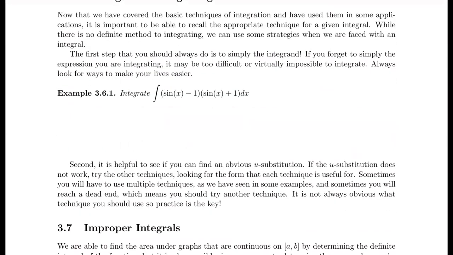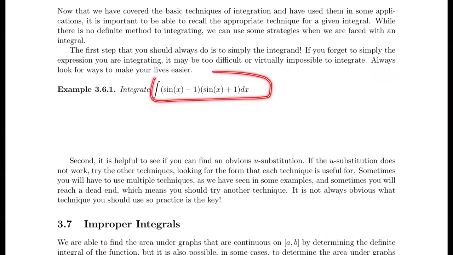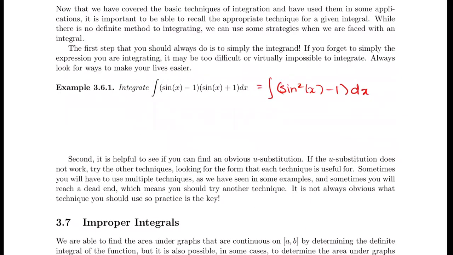So for example, the first step, if we want to evaluate this, although it may look tricky at first, it isn't, because if we just expand this, we would have the integral of sine squared of x minus 1 dx.